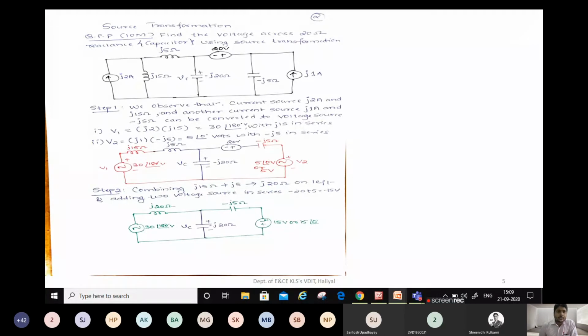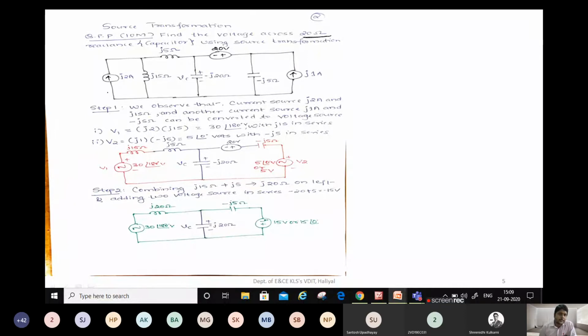Now, if you are able to read the problem statement, this was asked for around 10 marks. You need to find the voltage across the 20 ohm reactance, that is the reactance of the capacitor, using the source transformation technique. This is the given circuit.